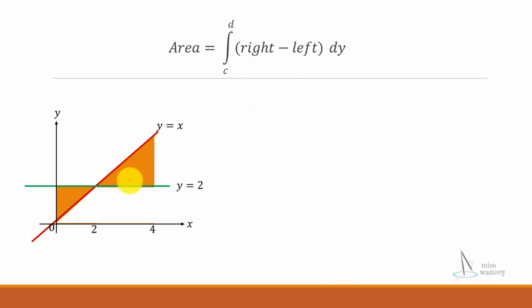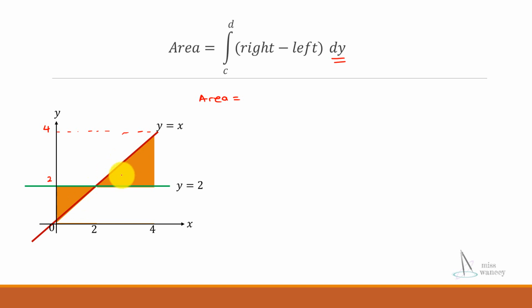Okay, so now again, a similar question, but I want to make it with respect to y. So this is 0, this is 2, and the highest here is when y equal to x, so this is 4. So the area is equal to, okay, so be careful.